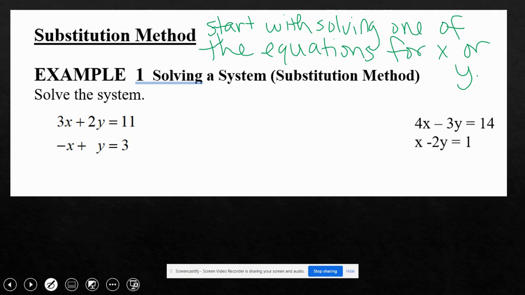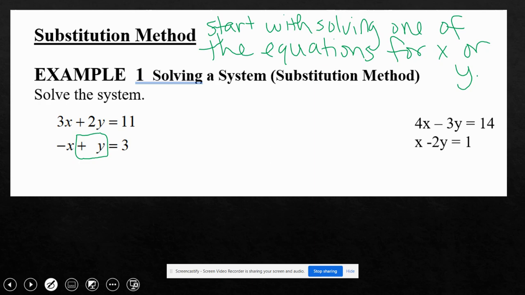It doesn't matter if you solve for x or for y when you're starting with the substitution, because you have to solve for both anyway. Whichever one you pick, it won't matter.